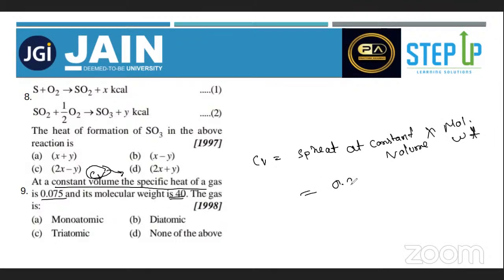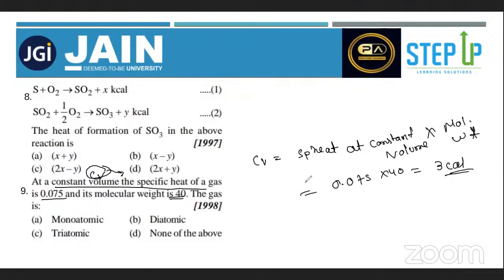So 0.075 times 40 will give me the answer. The value came as 3, so the value will become 3 calories.